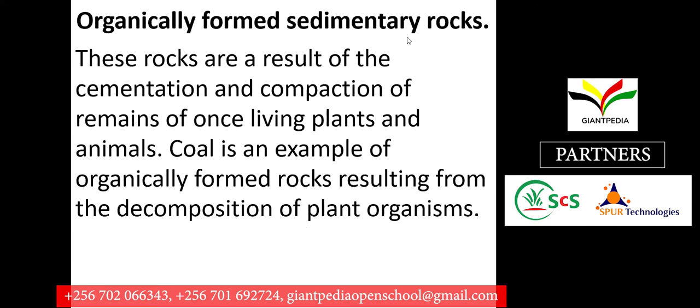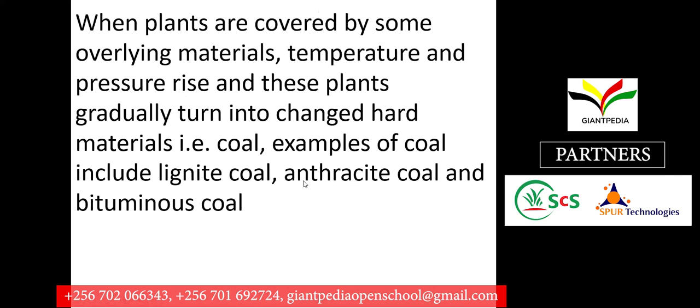Okay, now organically formed sedimentary rocks. Let us now go to the other cases. When plants are covered by some overlying materials, temperature and pressure rise. These plants gradually turn into hard materials, e.g. coal.